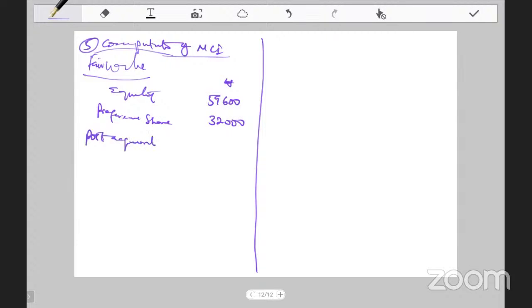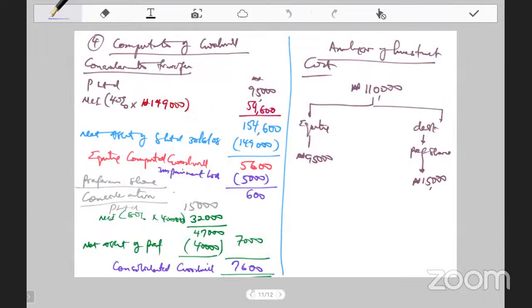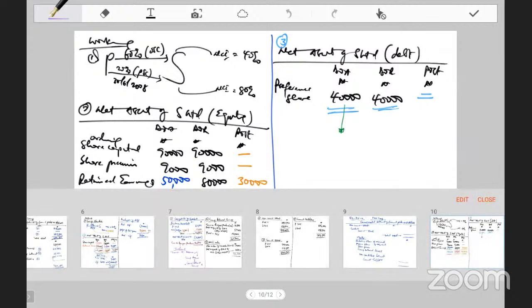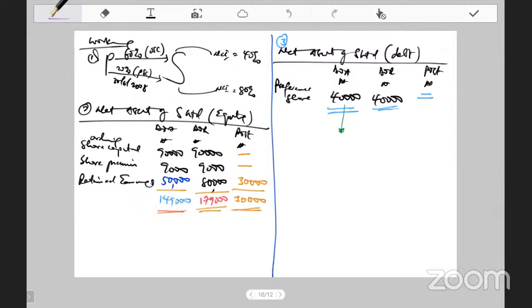post-acquisition reserve from X Limited. So what is the percentage holding that he has in equity? 40%. So that is 40% times the post-acquisition retained earnings, which is 30,000.